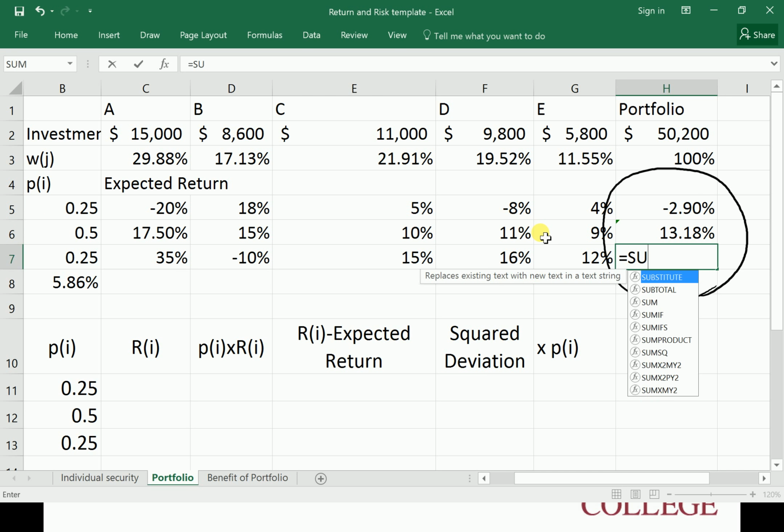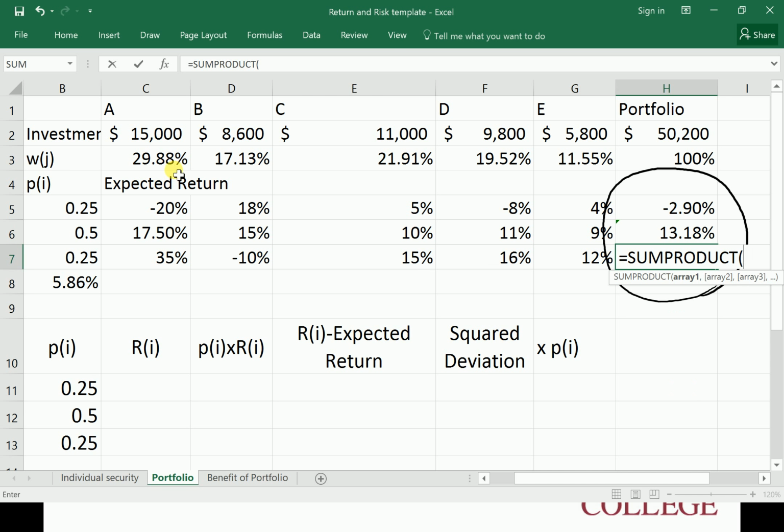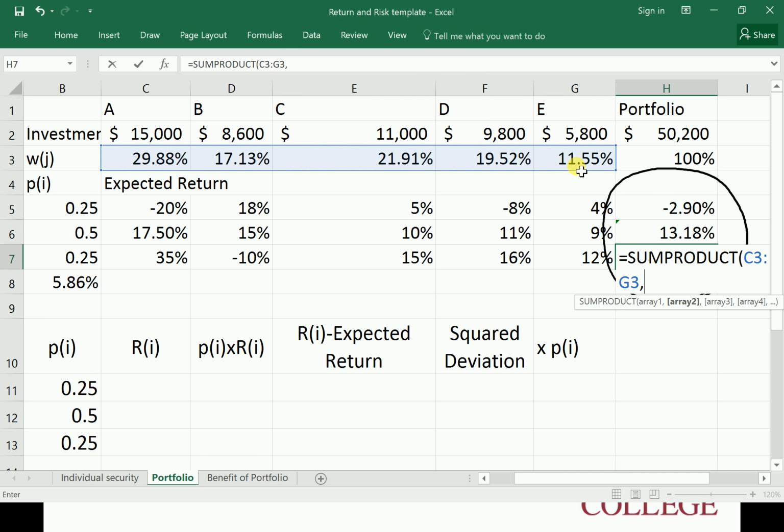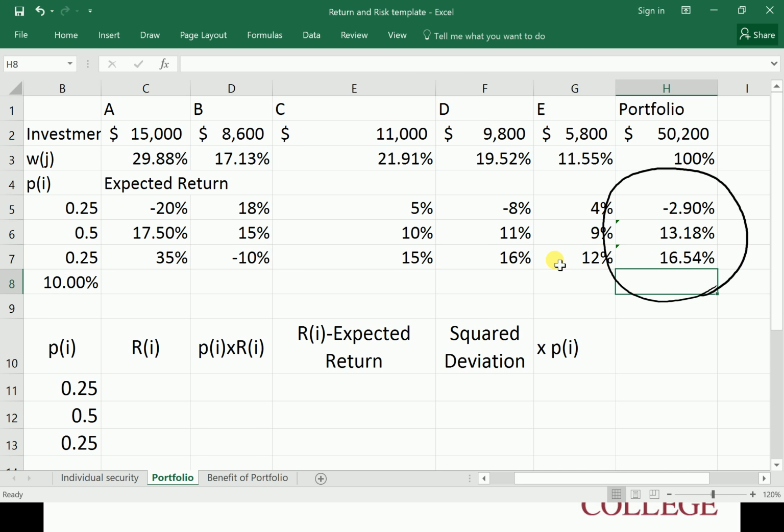Same thing, sum product of weight and return in boom. So this is the schedule of the portfolio returns in each economic scenario, each economic state.